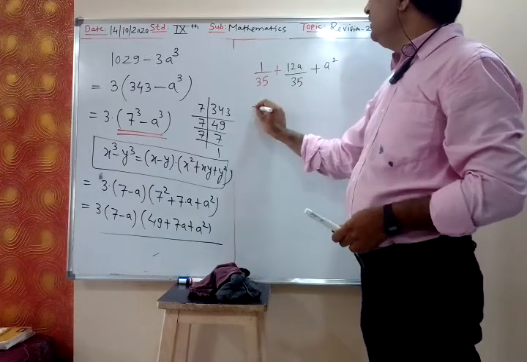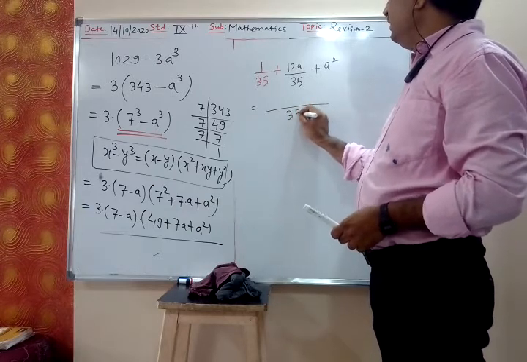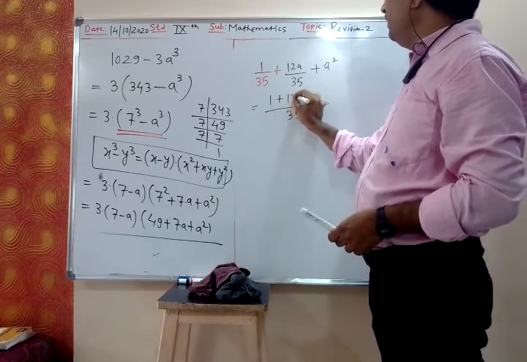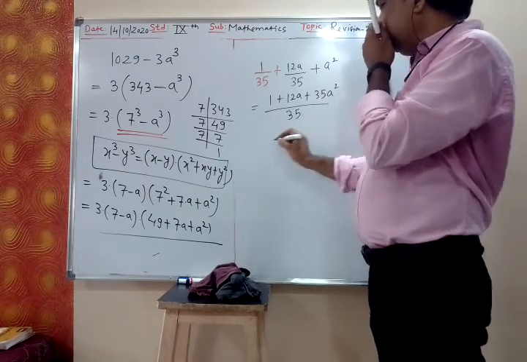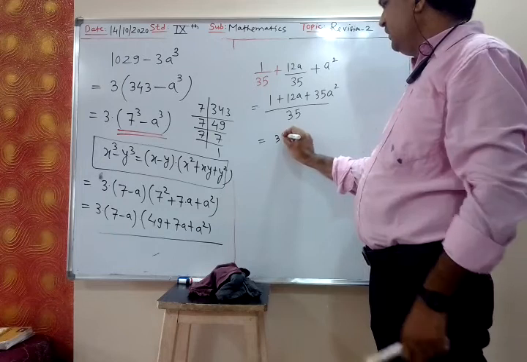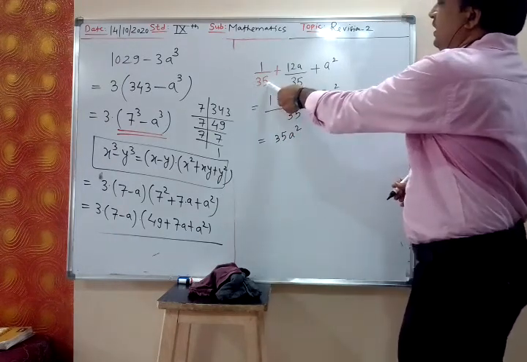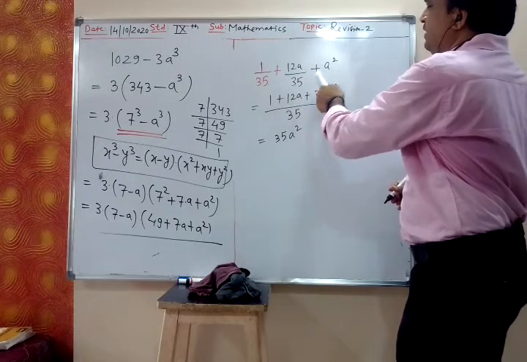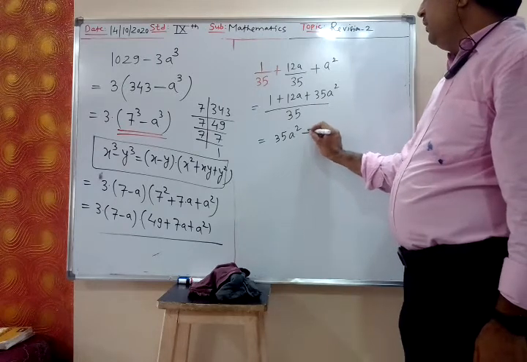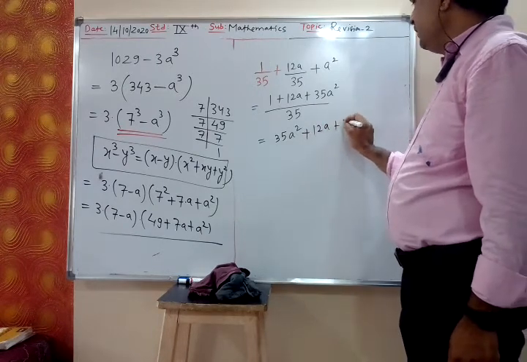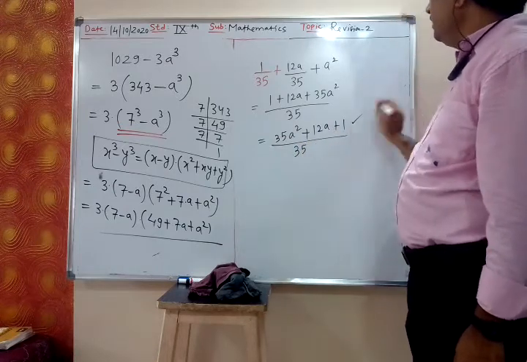Now to simplify this, I will take LCM as 35, correct? So this becomes 1 plus 12a plus 35a square. So this I can factorize further. Cross multiplication means you take LCM, no? LCM 35, so multiply by 35. So 35a square plus 12a plus 1 upon 35. So now you have to factorize the numerator.